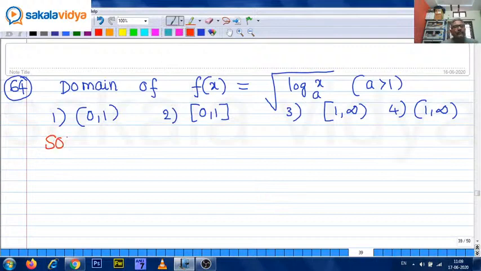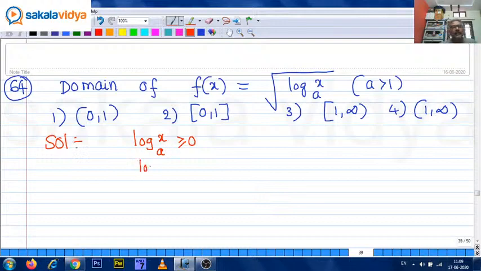Solution. Here, to define the domain, log x to the base a should be greater than or equal to 0. Now we need to apply the inequality concept on this.